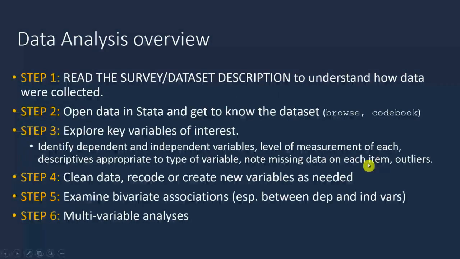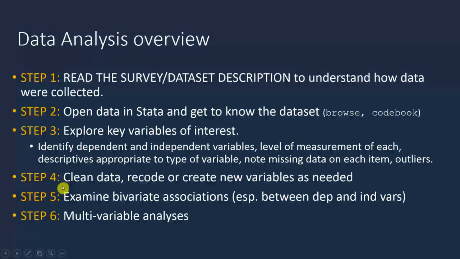Look at missing data, examine whether there are outliers in the data. Does it look like anyone just checked the boxes at random as they were answering the survey, or are the responses realistic? So this is a really major one, and we're going to spend a couple of weeks on step 3 and talking about all the elements of exploring variables.